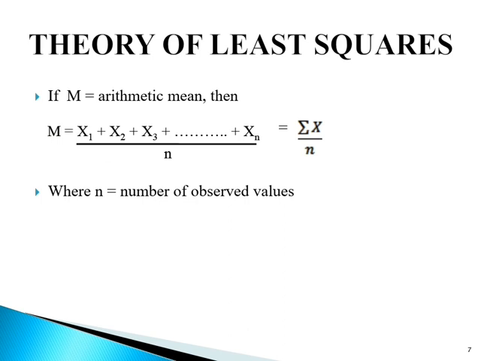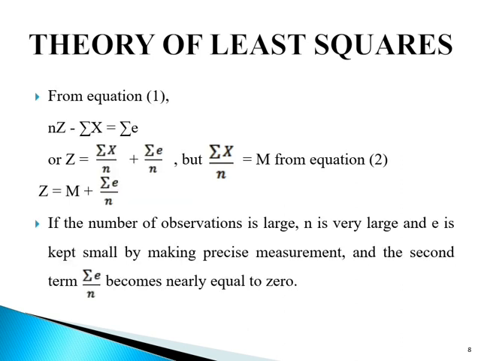Next, if capital M is the arithmetic mean, then M is equal to x1 plus x2 plus x3 up to plus xn divided by n, or sigma x divided by n, which is our equation number 2, where small n is the number of observed values.